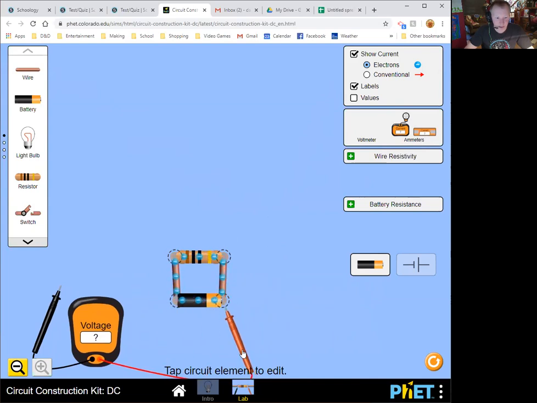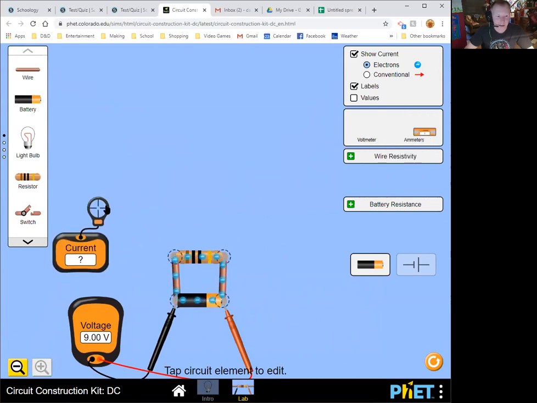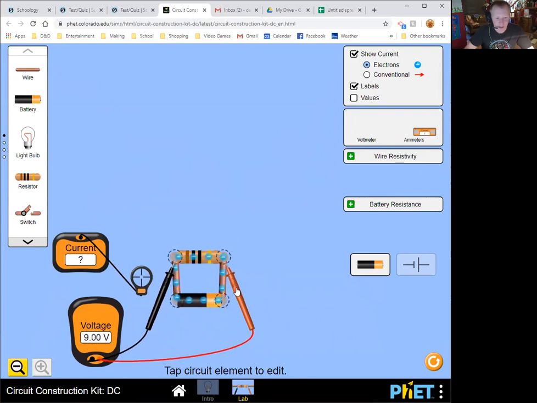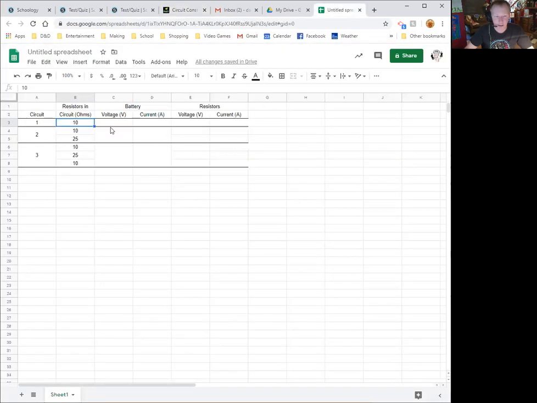Of course, this is going to be exactly the same as what we did before, so we get 9 volts there. If I measure the current coming out of the battery, it's 0.9. If I move these up to my resistor, I get 9 volts there, and measuring it there, 0.9. That's no different than what we had before because it's the same circuit. But now it will get quite different when we start adding resistors.